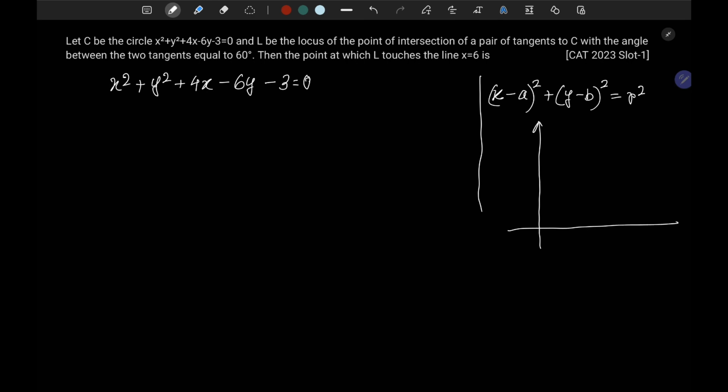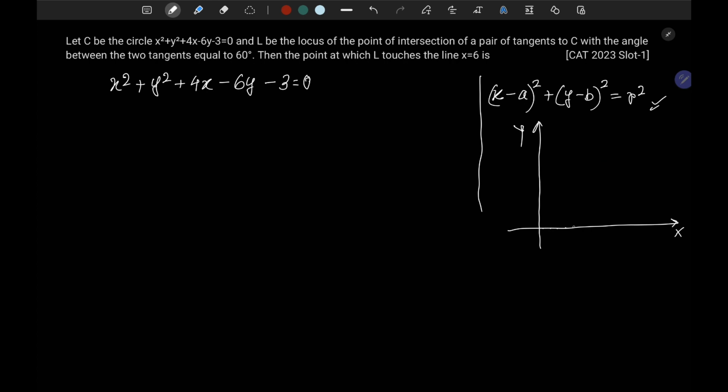Suppose we have the x-axis here and the y-axis here. This equation means that the center of the circle is the point a comma b.